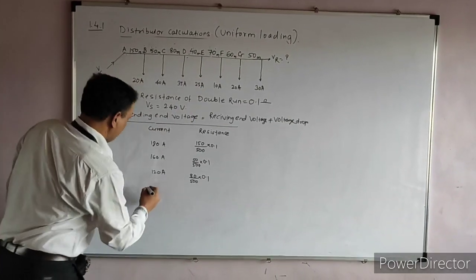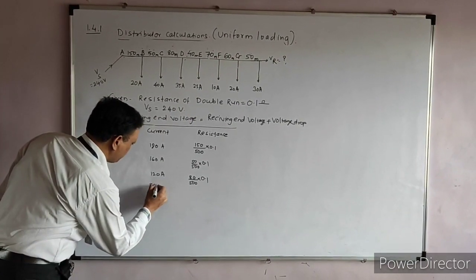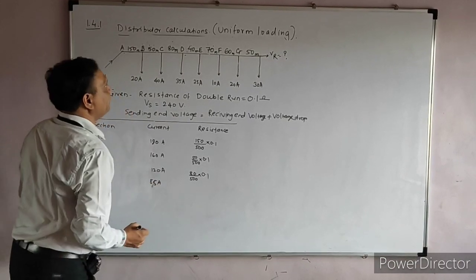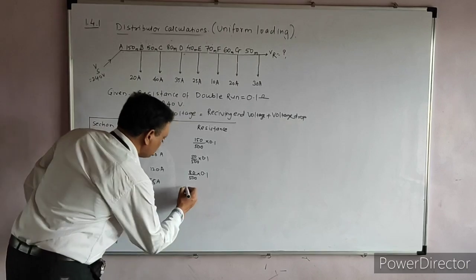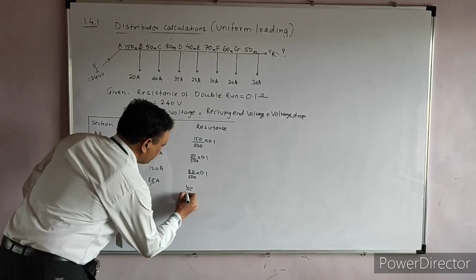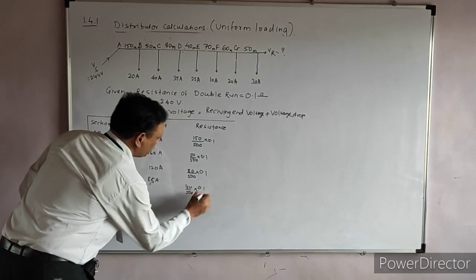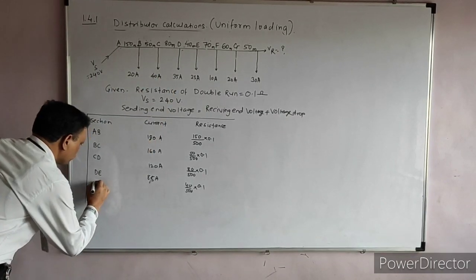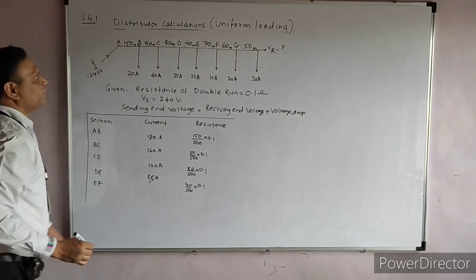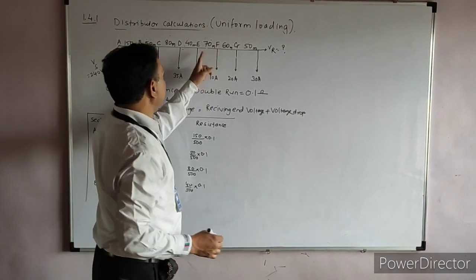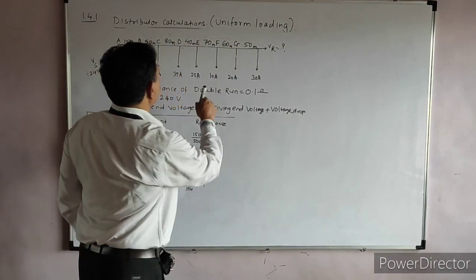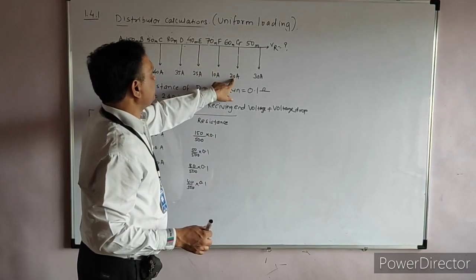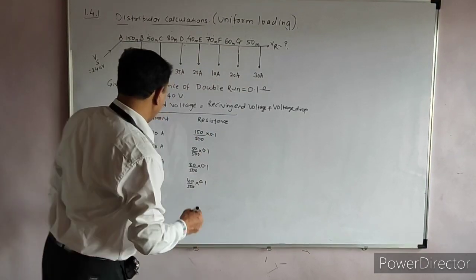Section DE will be handling the current of 85 amperes, and since DE is 40 meters, we write 40 upon 500 into 0.1. Similarly, if you consider EF, EF is a section which is handling the current of 10 plus 20, that is 30, 60 amperes.